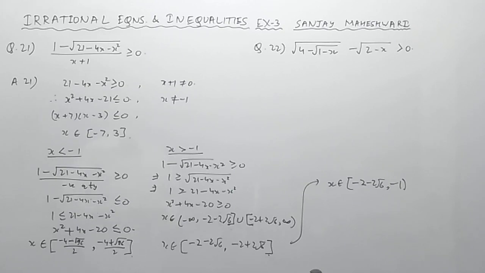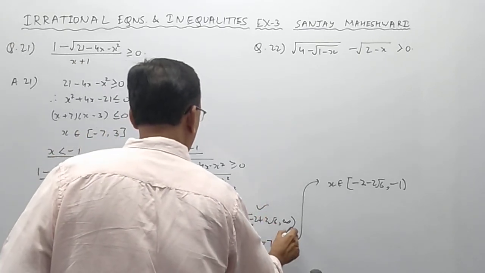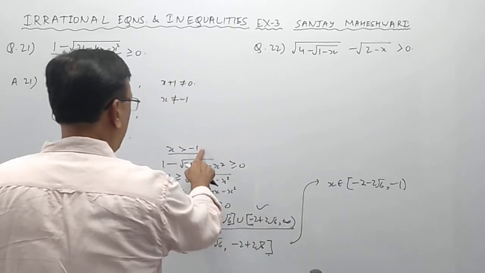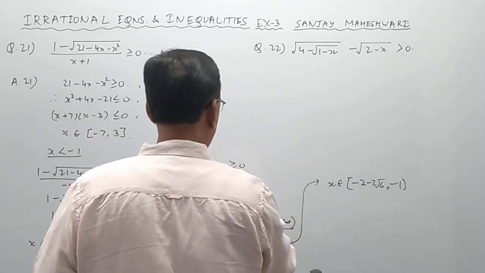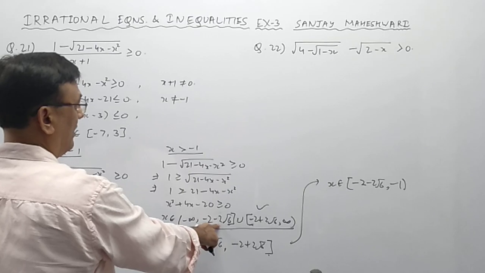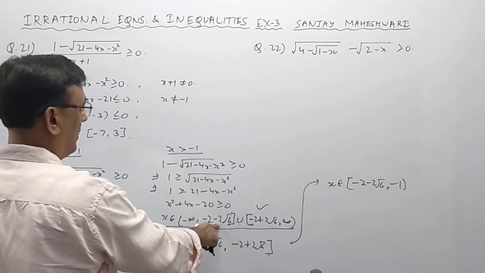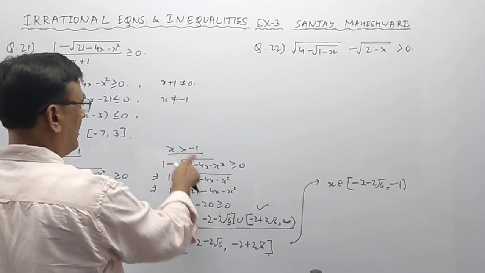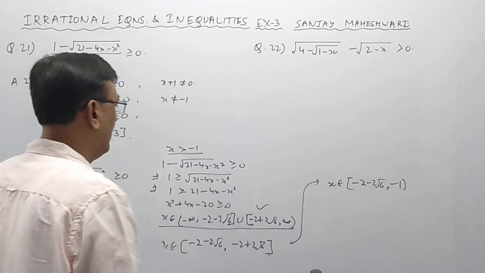Now for x greater than minus 1, let us see what happens. This is the thing. For x greater than minus 1, we can see that this is less than minus 4. So if x is greater, this is only acceptable.